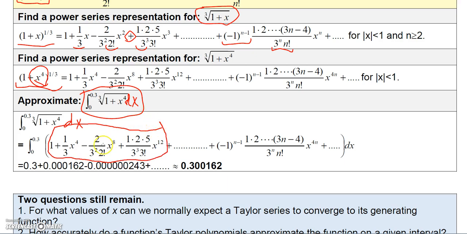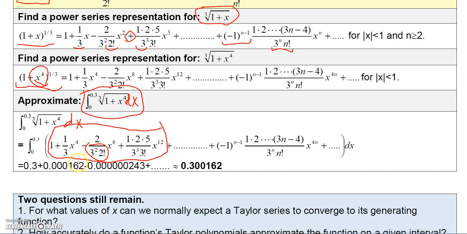Since we're integrating from 0 to 1, when you integrate each of these terms, this would integrate to x, this would integrate to x to the 5th over 15, this would integrate to 2x to the 9th over 9 times all of this, and this would integrate to x to the 13th times 10 over 13 times all of this.